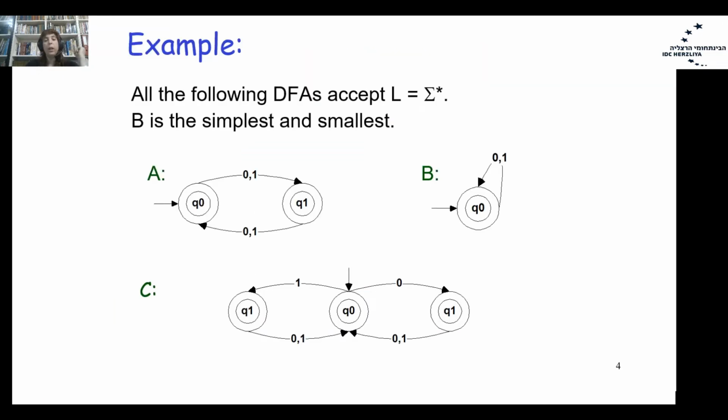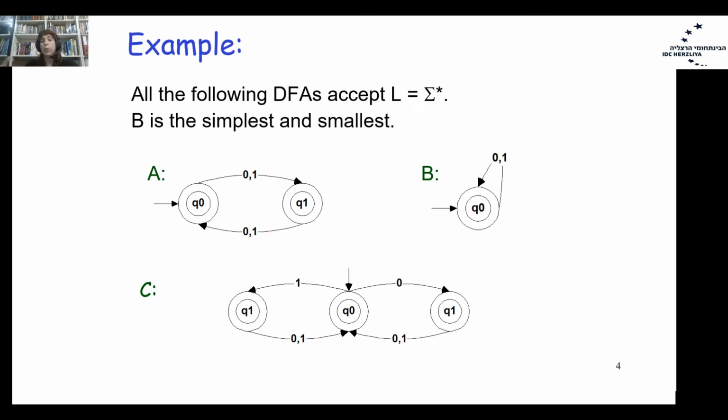Let's see some examples. Here we have three deterministic finite automata that accept the language sigma star over the alphabet 0, 1. The simplest and the smallest is definitely automaton B. But A does the same.